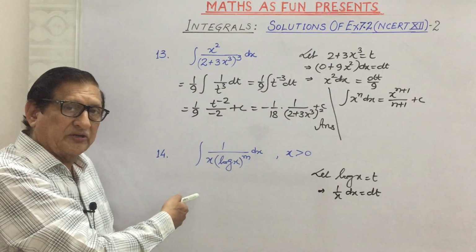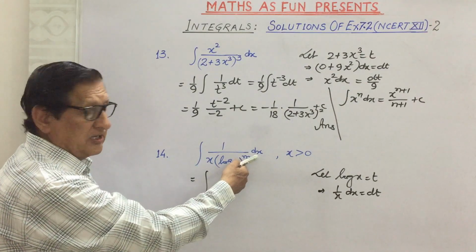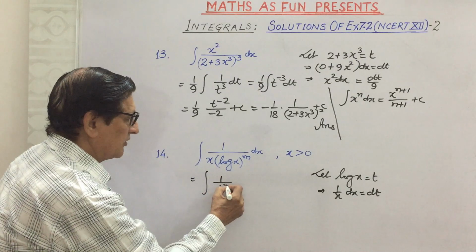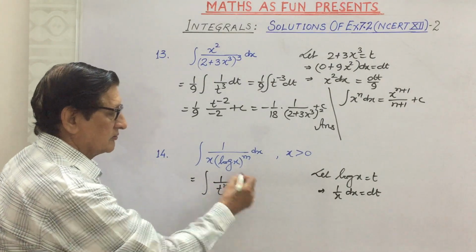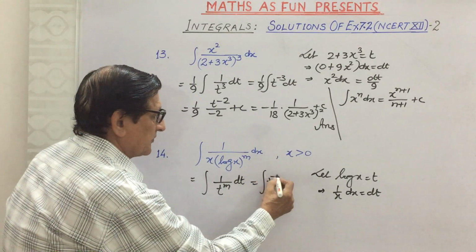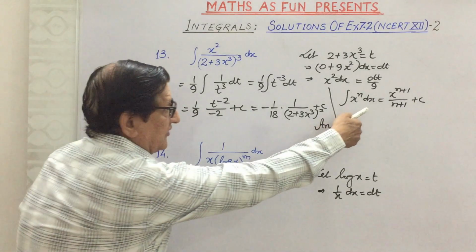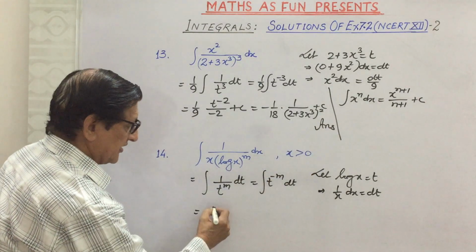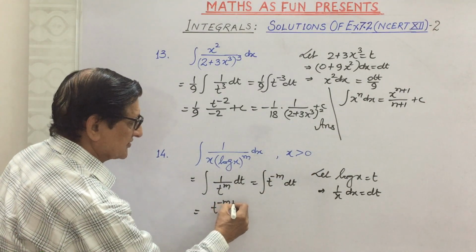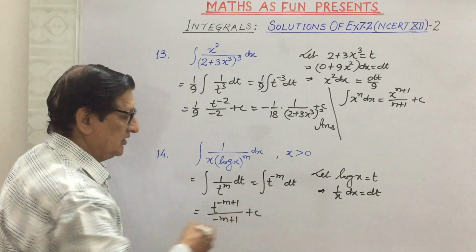And if we substitute that here, we are getting 1 upon x dx will become dt, and this is 1 upon t power m. We can write this as t to the power minus m. And applying the same formula here, we get this as t to the power minus m plus 1 upon minus m plus 1 plus c.